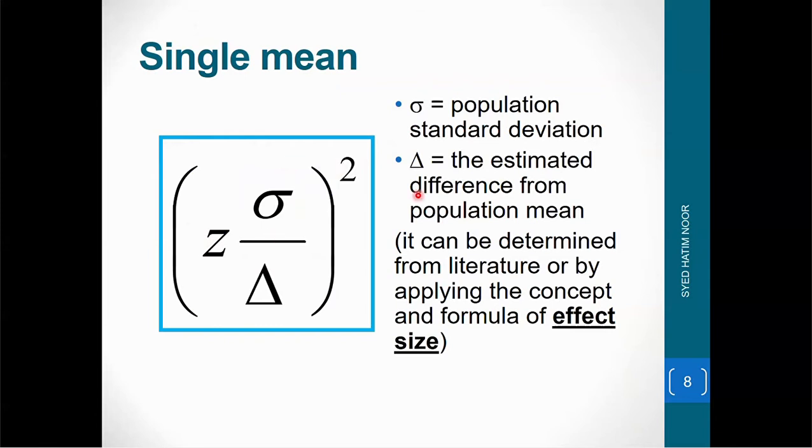This is the population standard deviation that we take from the literature. When you search the literature, preferably you take the value from the local one first, because for example, maybe radiation is not much different from other countries, but cholesterol may be different in Malaysia compared to overseas, like the UK or US.